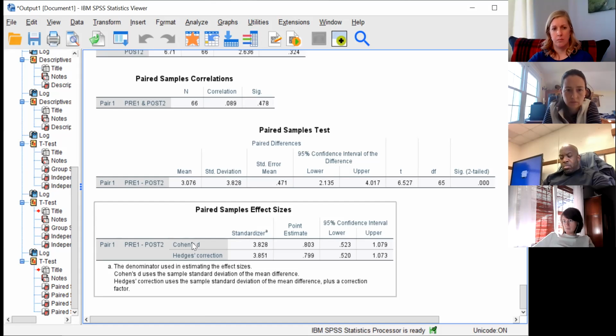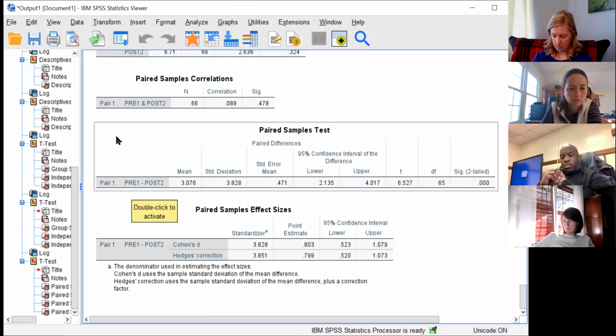It's significant, but what does that mean? Is it something we really should pay attention to? In Cohen's d, a value of 0.2 is a small effect, a value of about 0.5 is a moderate effect, and a value of 0.8 or higher is a high effect.